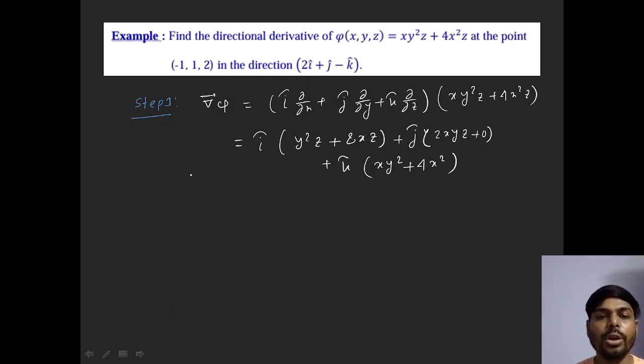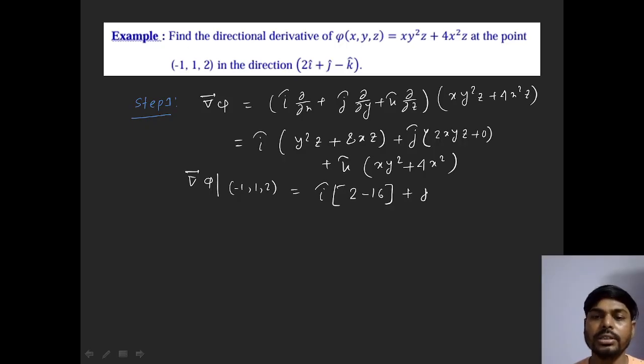Now in step 1, you have to find out the gradient of phi at the given point, that is -1, 1 and 2. You will find this is i cap, y square z, where y square is equal to 1, and z is 2, and this is 8 into -1 into 2, that is -16. Then j cap, and check the calculation, maybe certain mistakes will be there, you have to check by yourself.